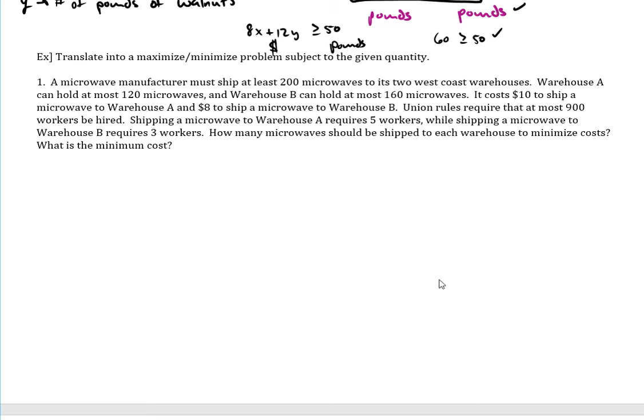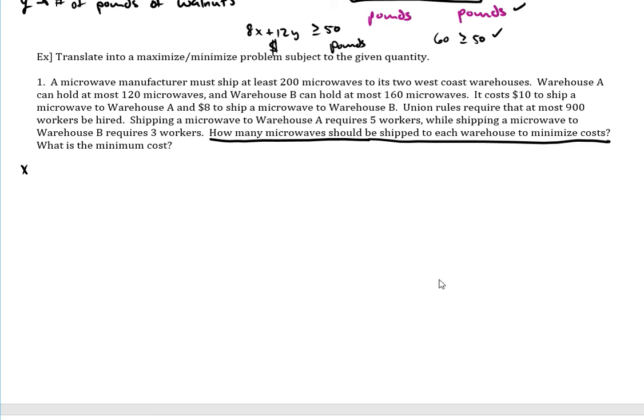All right, so let's use my strategy. I'm looking right at the first question, and I'm going to underline all of that, because this tells me how to set up my variables. It's asking how many microwaves, so the number of microwaves is what's unknown. Those are going to be our variables, depending on where they're being shipped. So how many microwaves should be shipped to each warehouse?